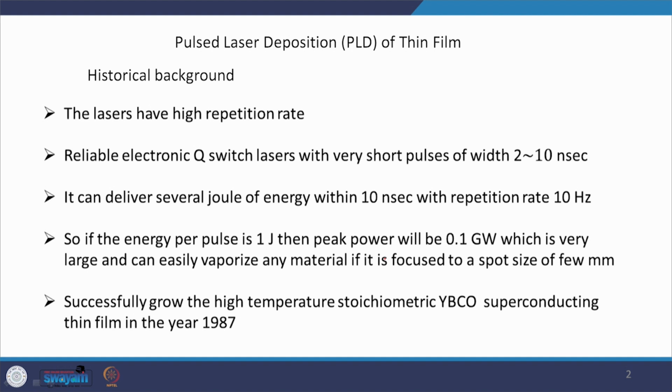This pulse laser deposition technique became very interesting and useful, and drew attention among scientists after the successful deposition of YBCO, which is very difficult to deposit with other techniques.